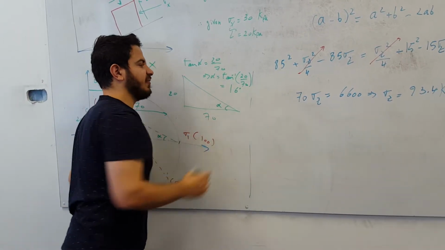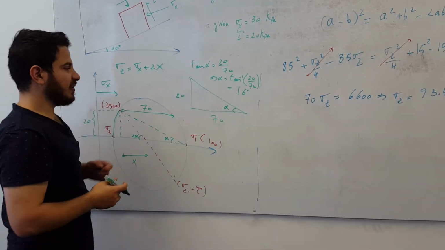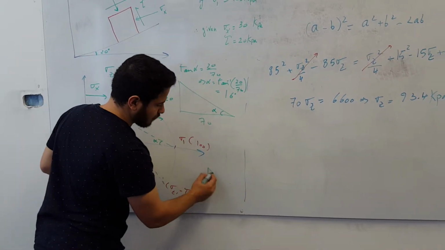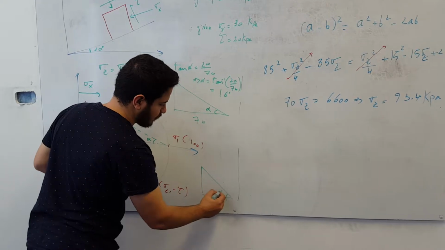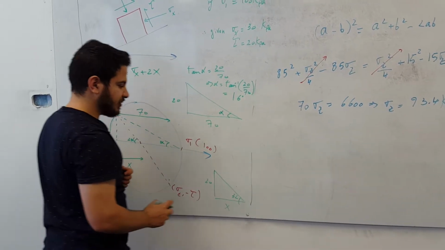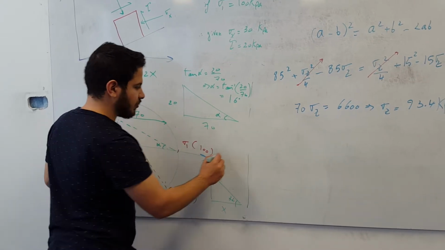Roughly, it's actually 15 for now. Okay, so 2 alpha is 32. That means I have 32 here, and I have this is 20. So what is x? Then I can say that tan 32 equals 20 over x.